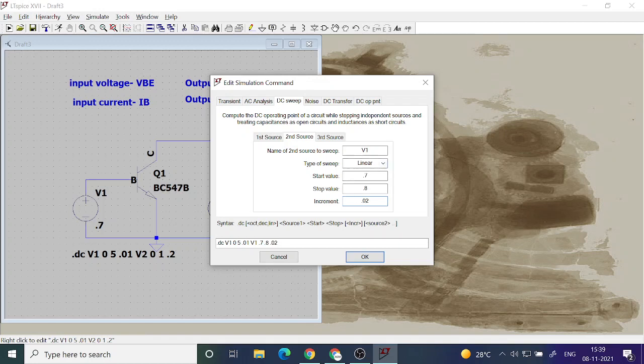So that means 0.7, 0.72, 0.74, 0.76, 0.78 and 0.8. So there will be that many characteristics.